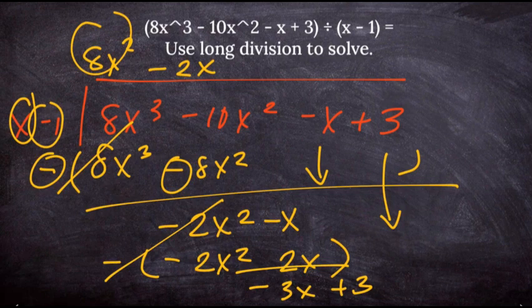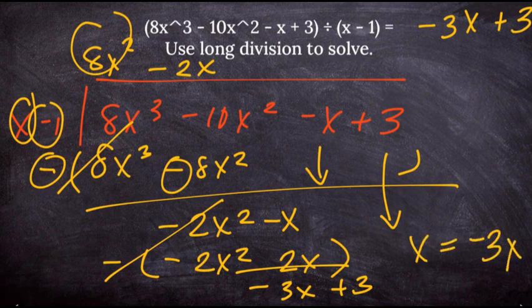So let's move over here a little bit. We have -3x plus 3. And now we have to get x equivalent to -3x. We have to multiply now by -3. So we can do -3 over here. And then -3 times that will give us -3x.